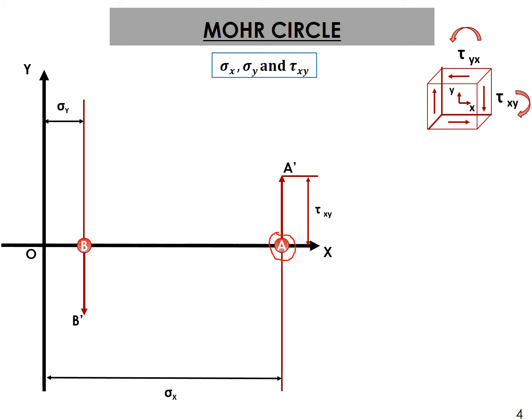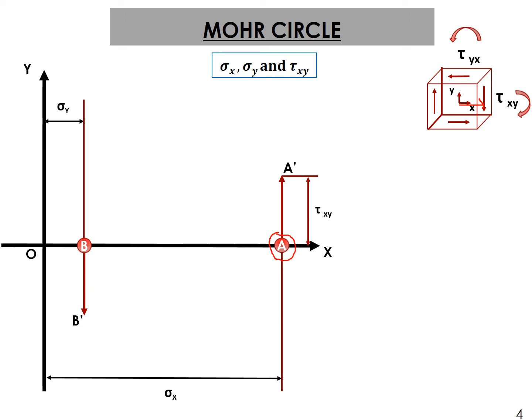So for that you have to check out if shear stress is clockwise, take it positive above the line. If it is anti-clockwise, it will be negative, take it below the line. From which point to start? If it is x phase and is positive, it is positive with reference to point A, because point A is with reference to sigma x. Similarly, with point B, it is downwards.